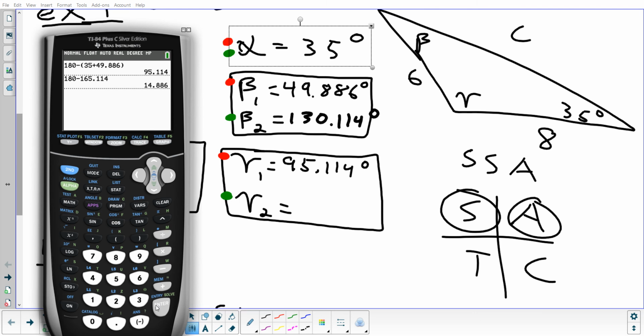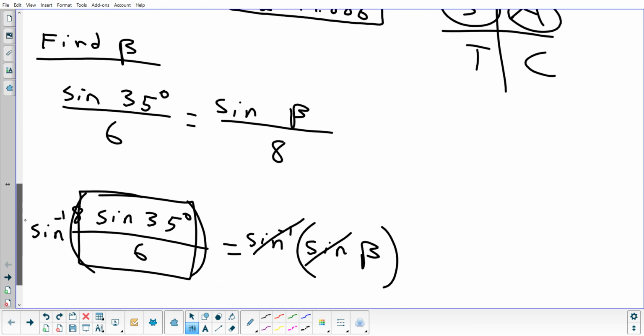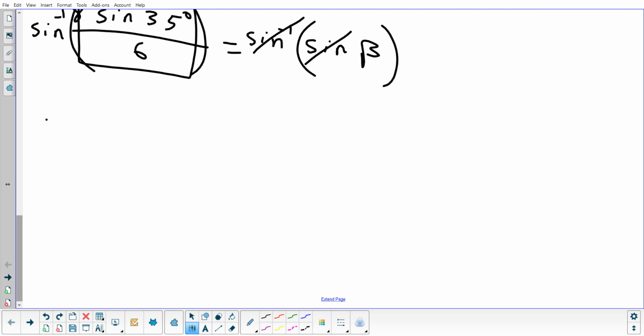And that gives me 14.886. Okay, so now we found 4 out of the 6 answers we need in this problem. Now your last step is to do C1 and C2. Order doesn't matter because they're 2 totally separate problems. Let's do C1.